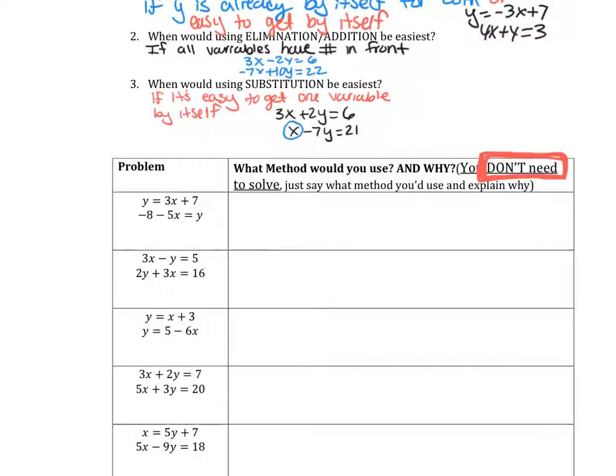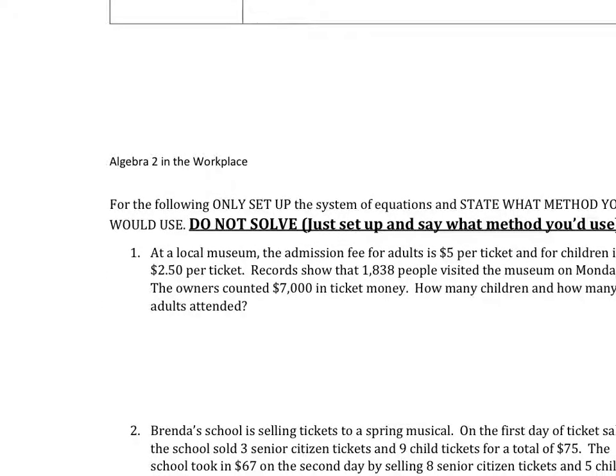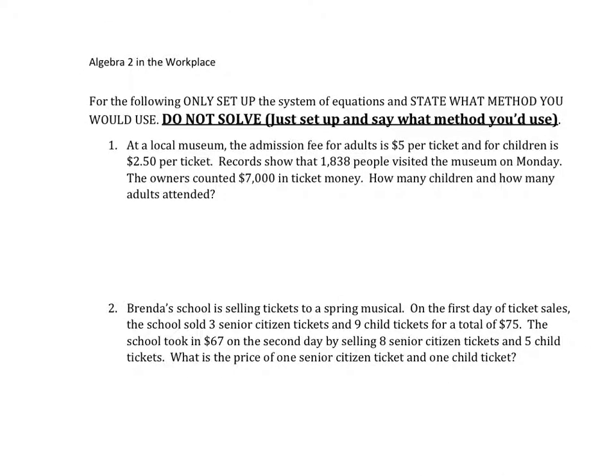Not solving yet. Okay? If you guys can flip to the back of the front page. Everybody flip, please. Back of the front page. Now we're looking at word problems. For these, you're only going to set up. We are not solving yet. Don't do more work than you need to do.